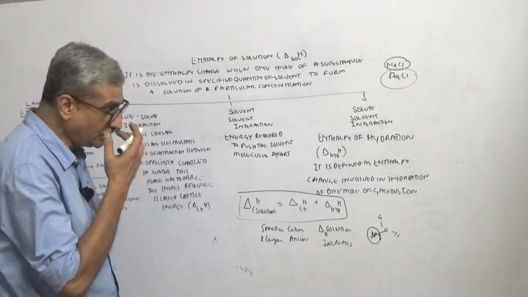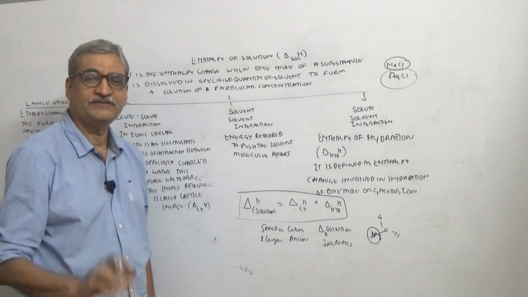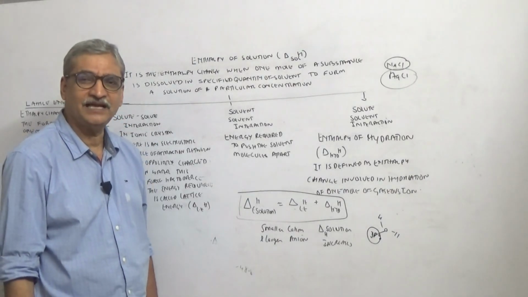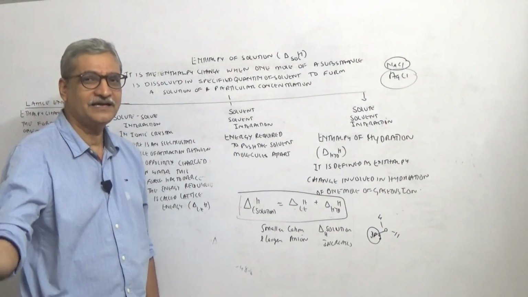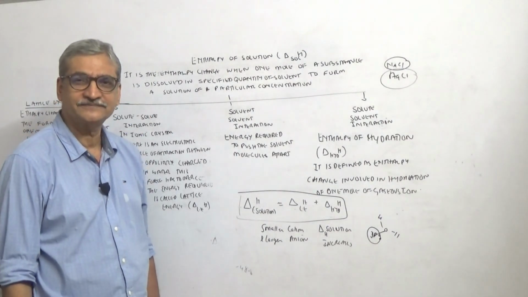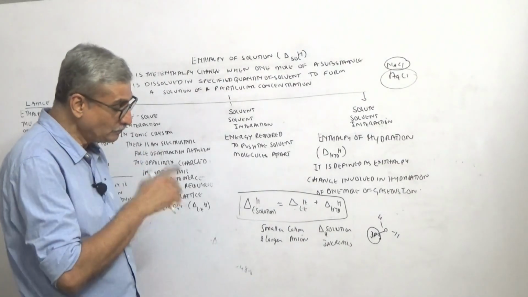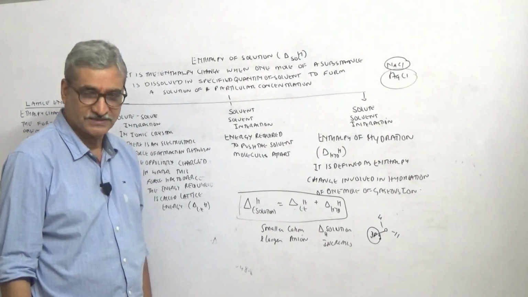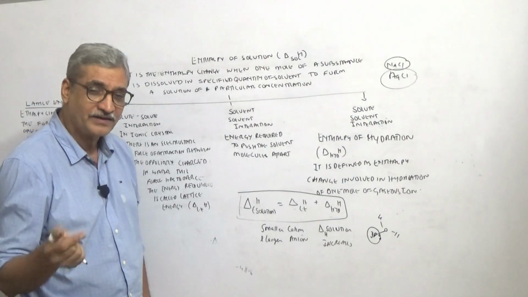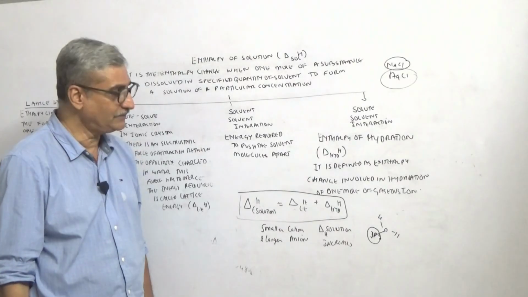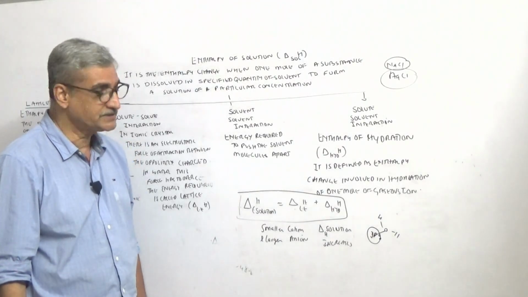So lithium iodide will have the maximum enthalpy of solution: smaller cation and larger anion. Are you understanding? So this is how we have questions placed. If you have lithium chloride, lithium bromide, lithium iodide, lithium iodide would have the maximum value of enthalpy of solution. So this is how questions are framed.